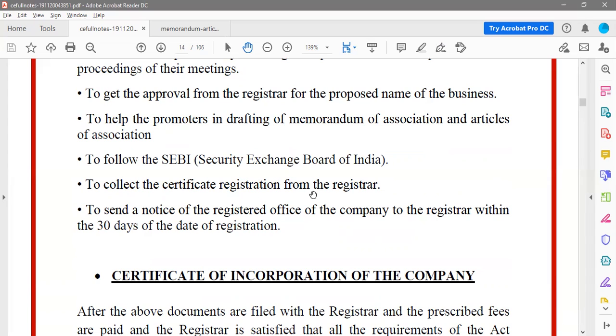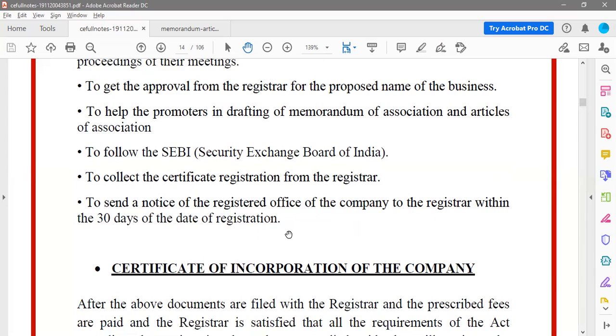In this scenario, suppose I don't have the registered office address with me because I have not decided. I can leave it blank, and within 30 days I can fill that up later. So I have 30 days' time to do it.